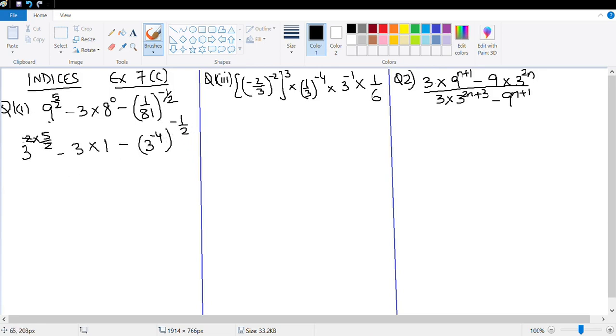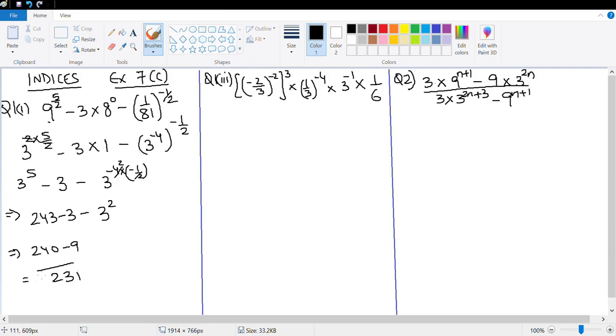So 2 and 2 get cancelled, so I have 3 to the power 5 minus 3 to the power negative 4 into negative half. 3 to the power 5 is 81 into 3, that's 243, minus 3 to the power negative 2 into negative 1, that's 2, so that's 240 minus 9 is equal to 231.